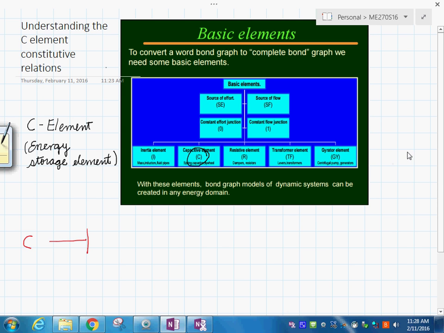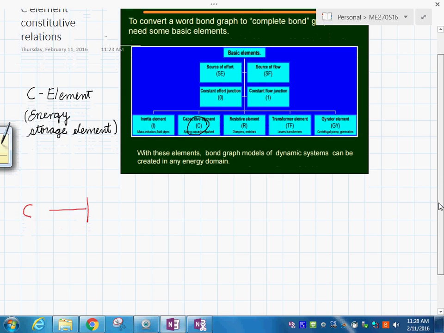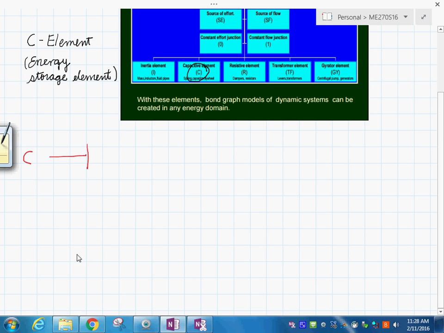And you can have a C element that is like this. Even if the power goes into the element, you can have like this. We're gonna put both of those in like this. What does it mean?